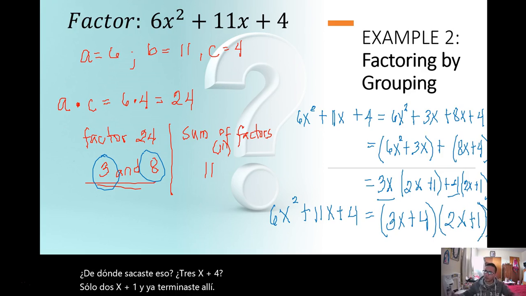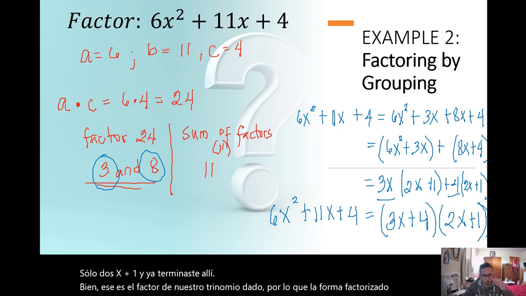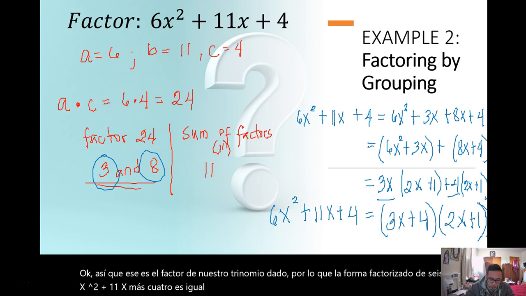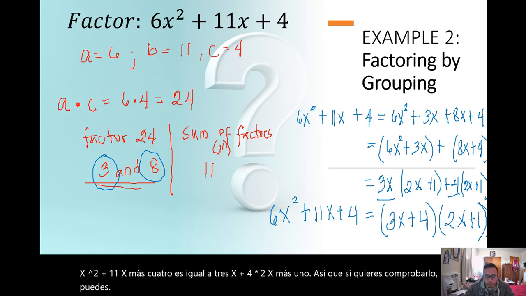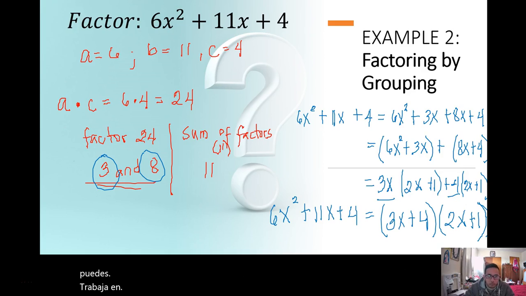Okay, so that's the factored form of our given trinomial: 3x plus 4 times 2x plus 1. If you want to check, you can use the distributive property. Okay? All right, one more example here.